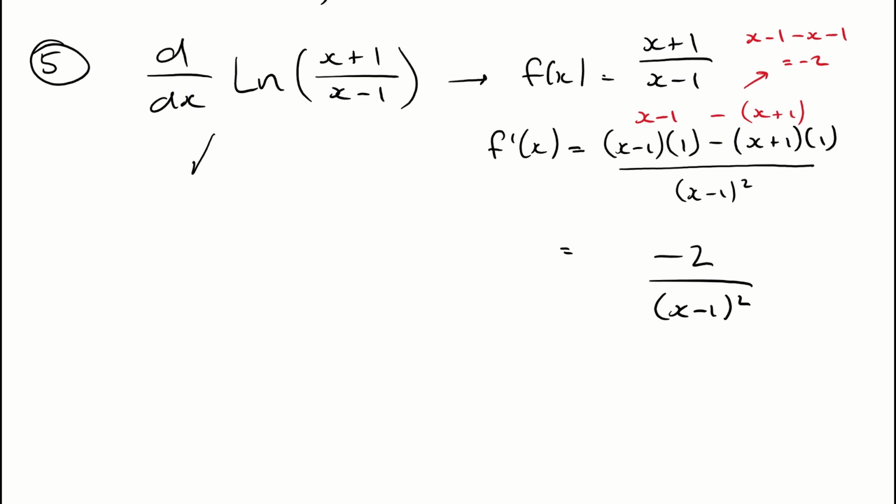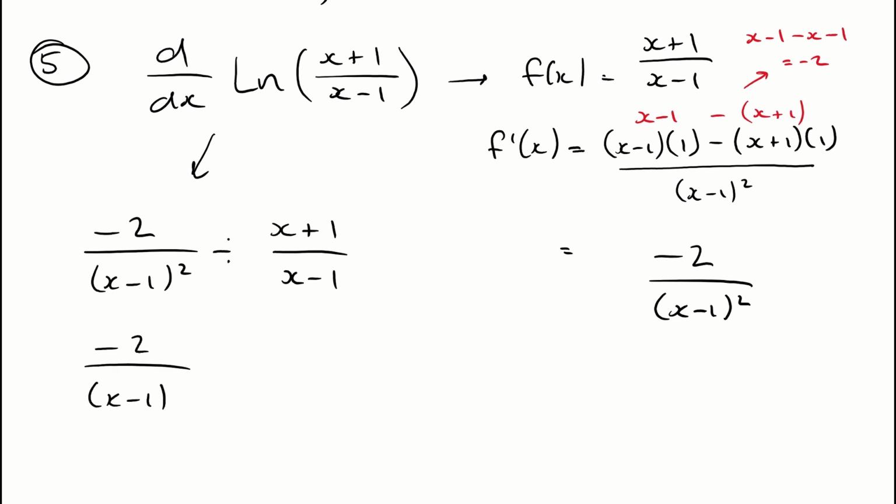Now the answer to this question, remember, is the derivative, which we just calculated, divided by my original function, x plus 1 over x minus 1. This is the same as if I multiply and then flip this fraction over.